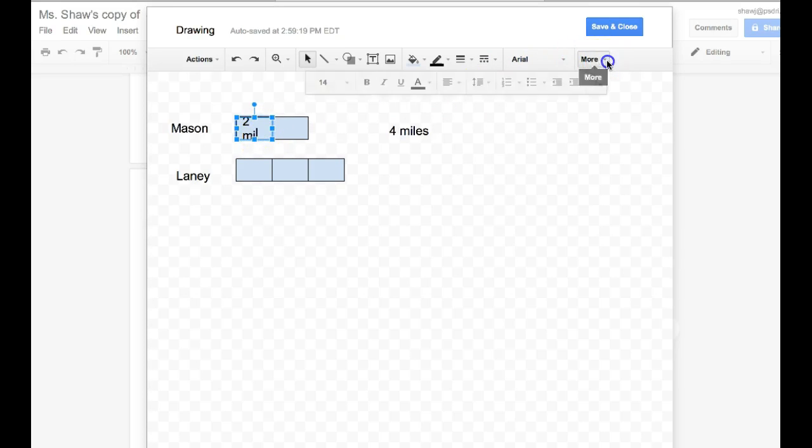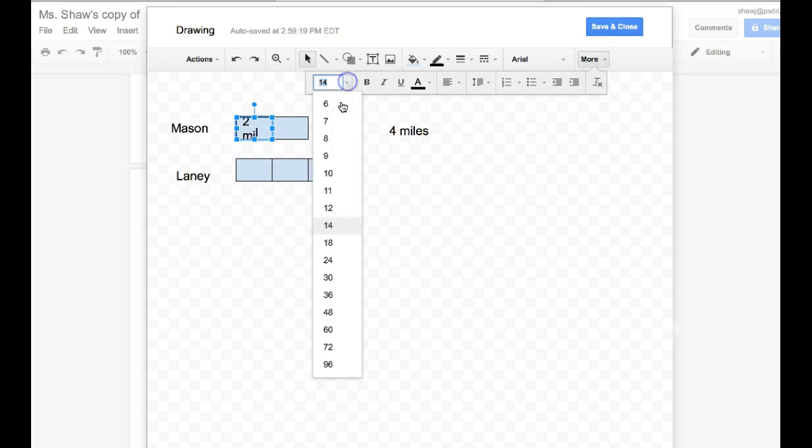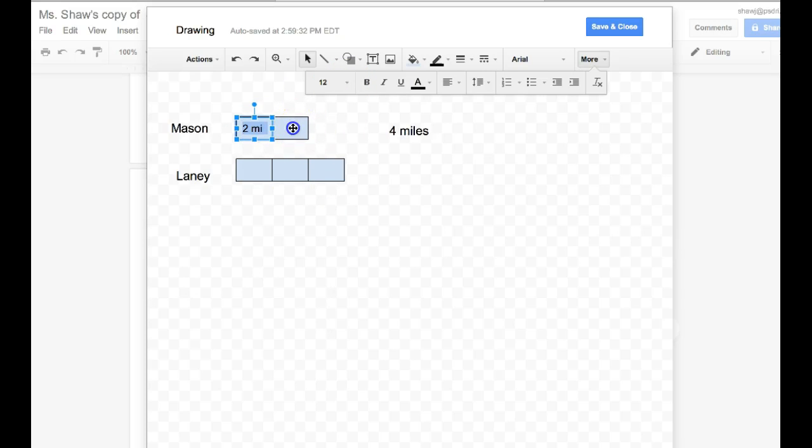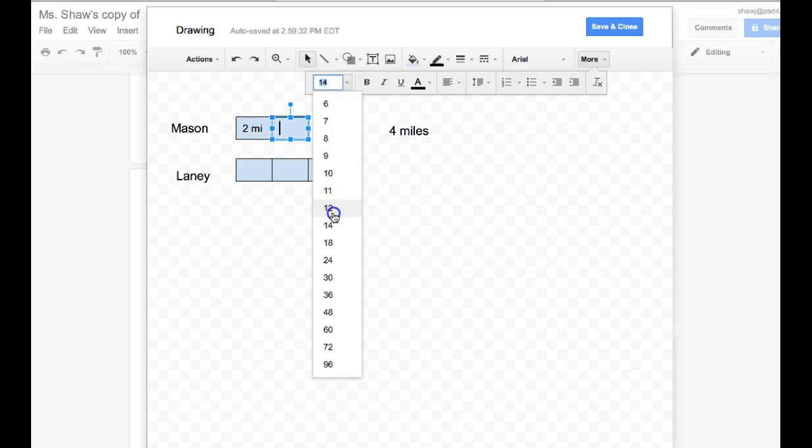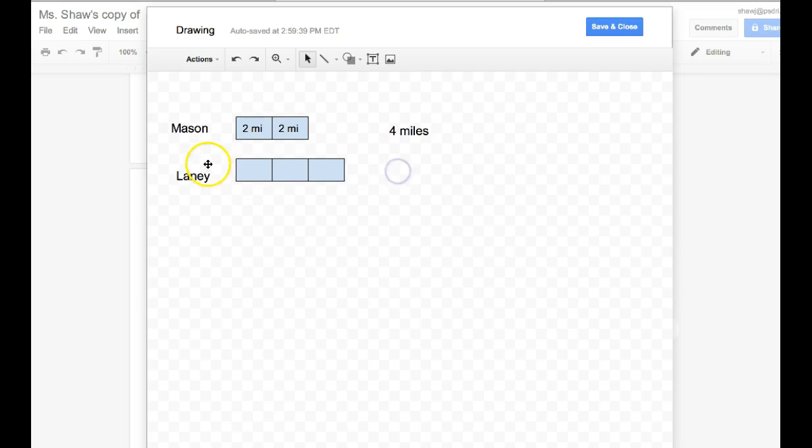And then we can still change our font size so it doesn't have to be quite that small. 12 should do it, yep. So if we keep it at 12, we can be able to fit in our 2 miles. So if Mason, each unit represents 2 miles for the ratio, then we remember from doing this before that these also have to represent 2 miles.